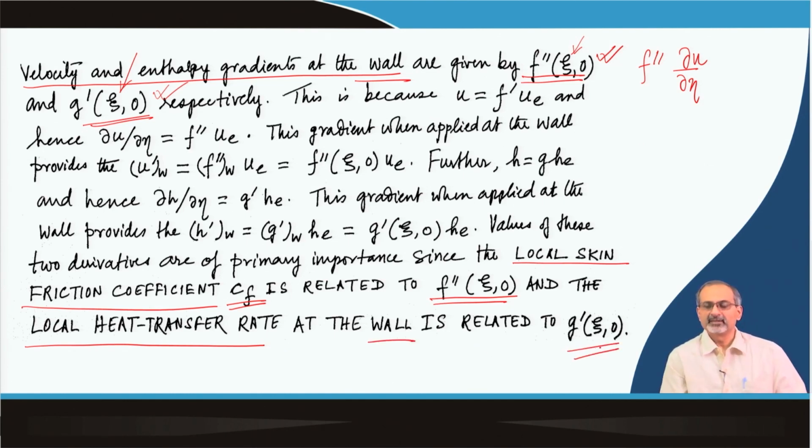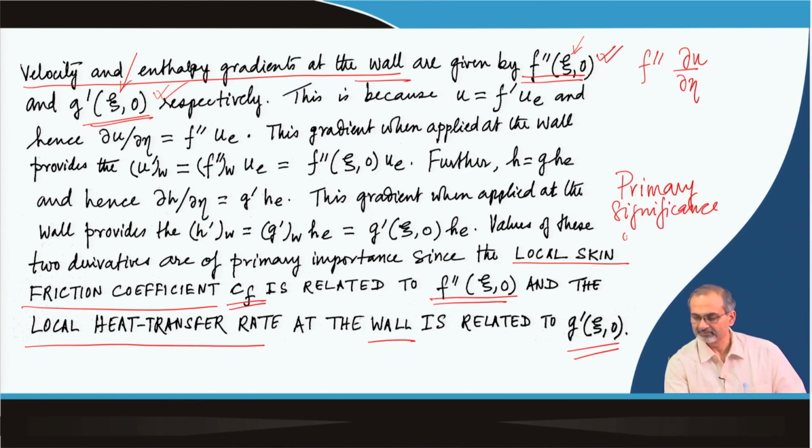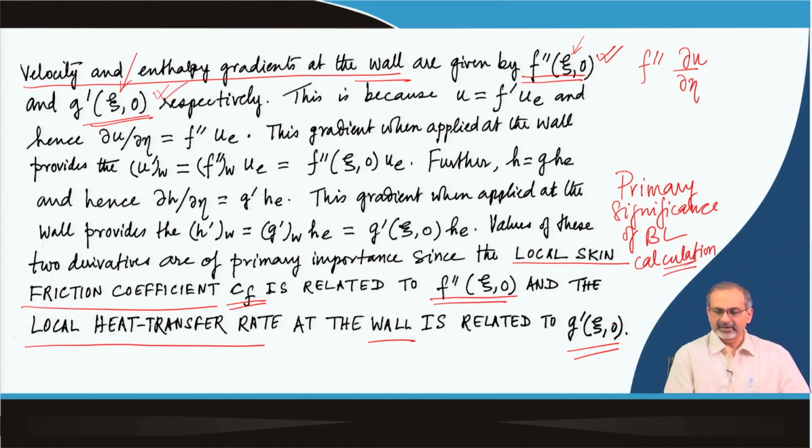And this is where the practical significance of a boundary layer calculation lies. So, after solving all these equations, the main information that we end up getting is the values of these parameters F double dash and G dash at the wall. Whether it is a similar, self similar or a non similar solution, we look forward to these values.